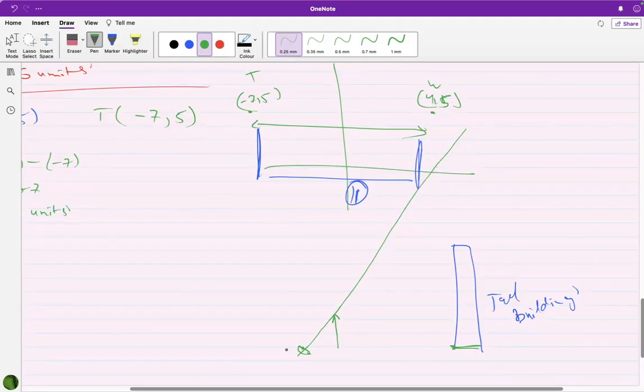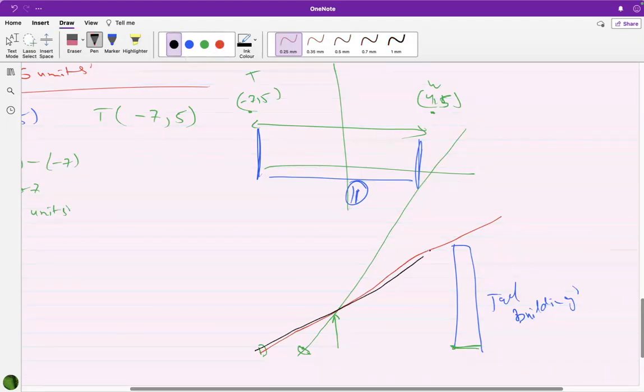So I readjust myself and place my eye here, and I see that this now passes just over the tip. Readjusting, my hand is shaking. Let's say this passes exactly over the tip.